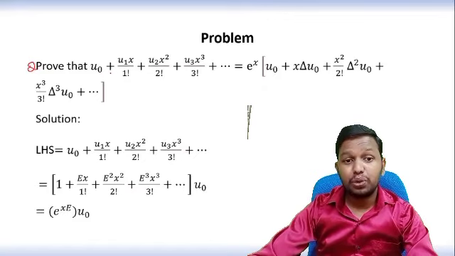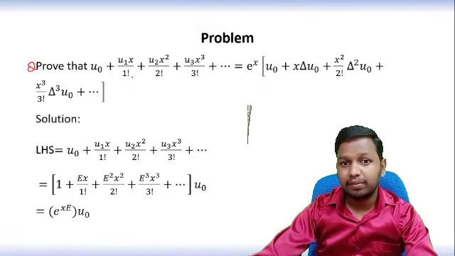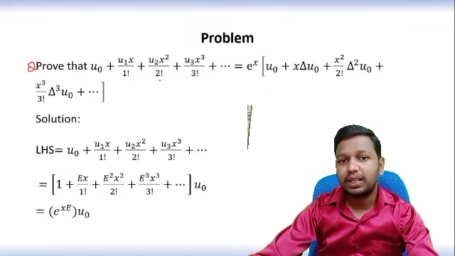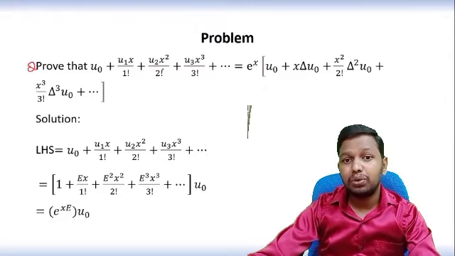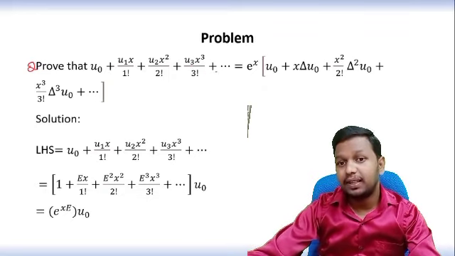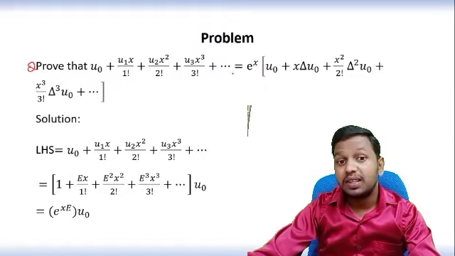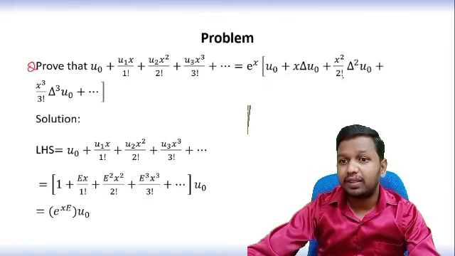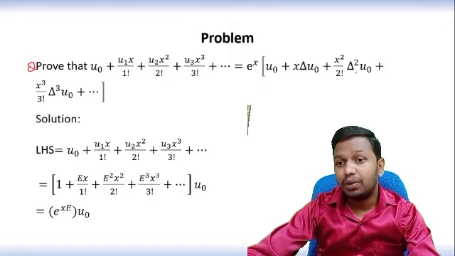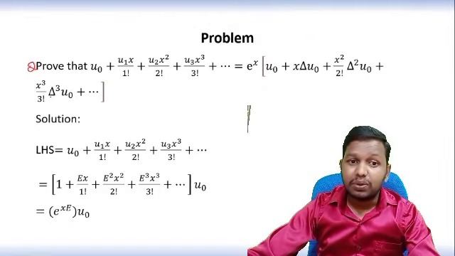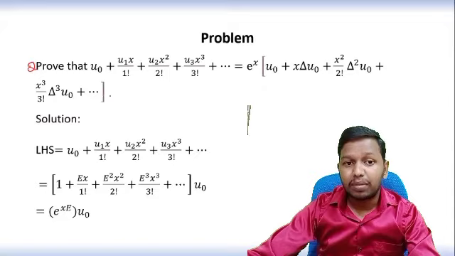Prove that u0 plus u1 x by 1 factorial plus u2 x square by 2 factorial plus u3 x cube by 3 factorial plus and so on, which is equals to e power x into u0 plus x delta u0 plus x square by 2 factorial into delta square u0 plus x cube by 3 factorial into delta cube u0 plus and so on.